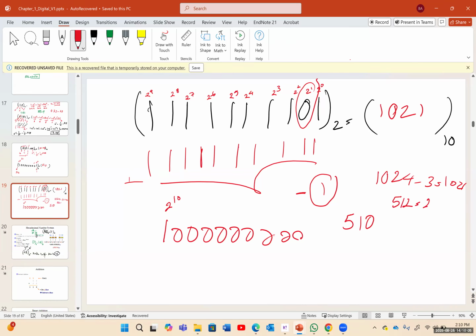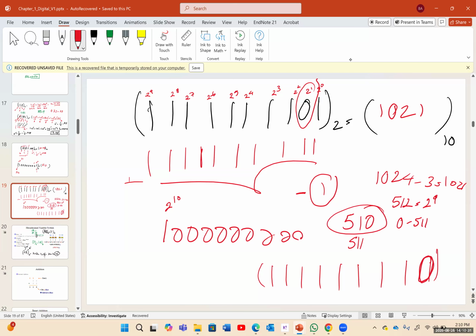What is 512? 2 to the power of 9. So it means the numbers are between 0 and 511. Am I correct? If everything is 1, I have nine ones: 1, 2, 3, 4, 5, 6, 7, 8, 9. Then this would be equal to 511. If I subtract 1, meaning the last one is 0, I get what? 510.